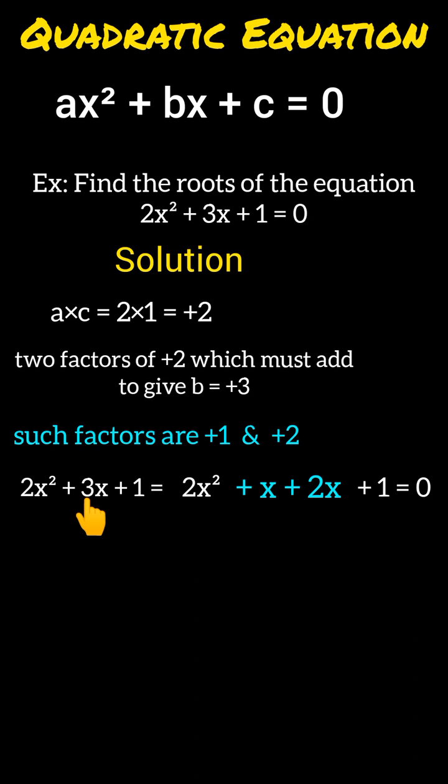So we are going to get 2x squared plus 1x. 1x is the same as x plus 2x. Then plus 1. Equal to 0. Take note of what I have done. In place of 3x, I replaced it with x plus 2x. Then we now have plus 1 equal to 0.